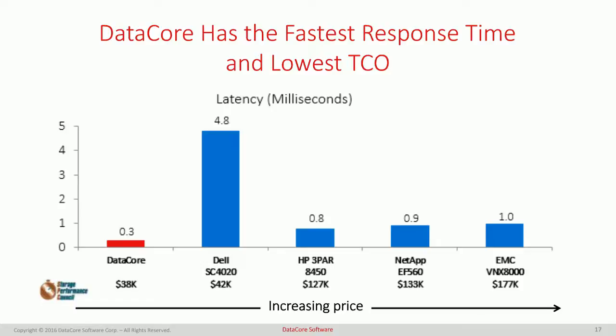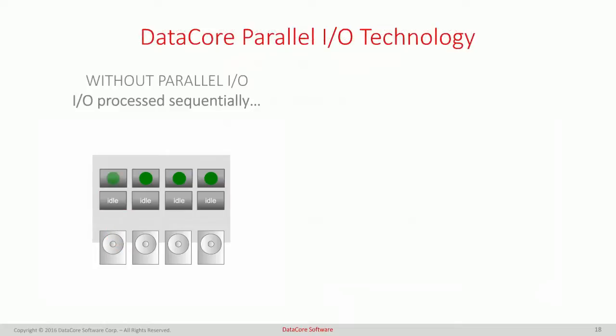That's what everybody looks at and says, okay, that's cool, but what magic did you use? Well, the magic that we used is what we call parallel I/O, adaptive parallel I/O technology. This first diagram or animation is showing the typical way that I/Os are processed, which is sequentially or serially.